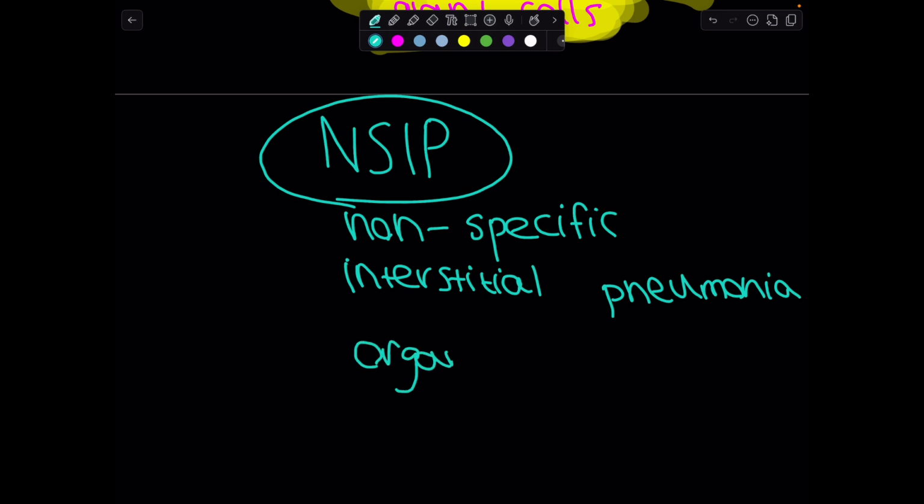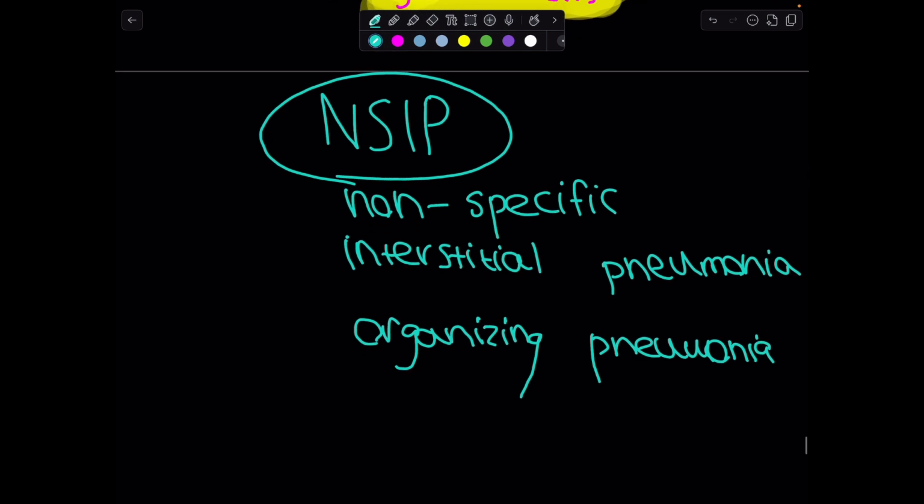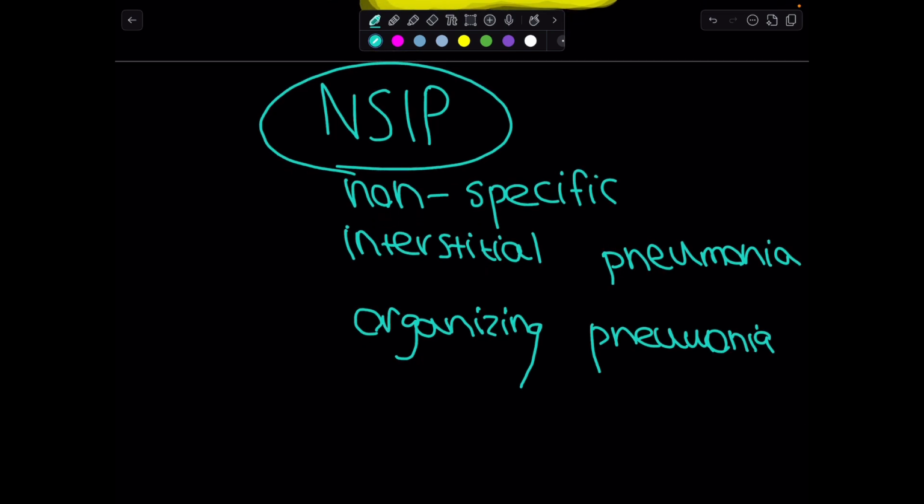Unlike IPF, I want us in 5 steps to compare organizing pneumonia, nonspecific interstitial pneumonia, and usual interstitial pneumonia, and I want you to just say step 1, and please just let step 1 be a sentence. Step 1.